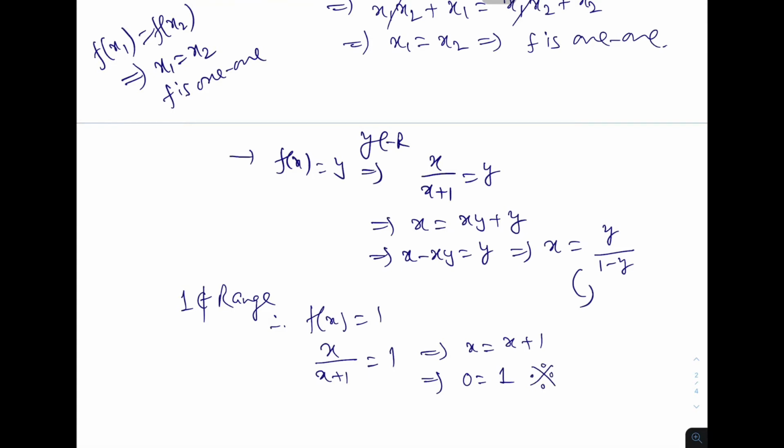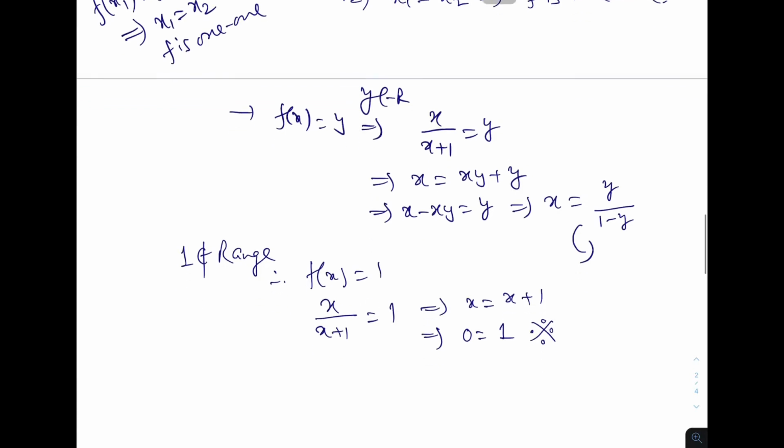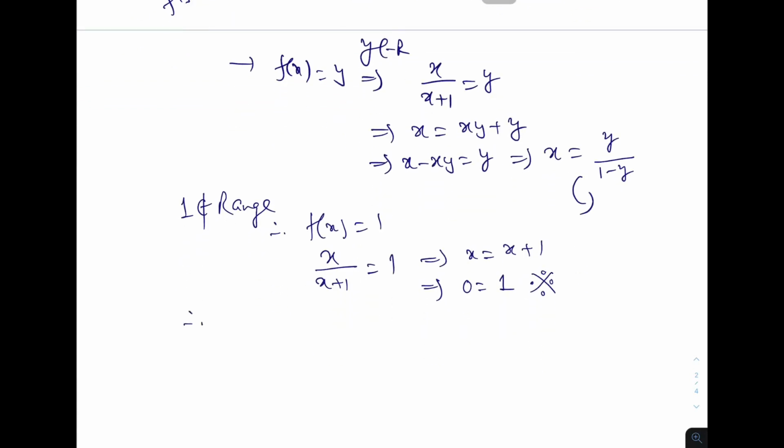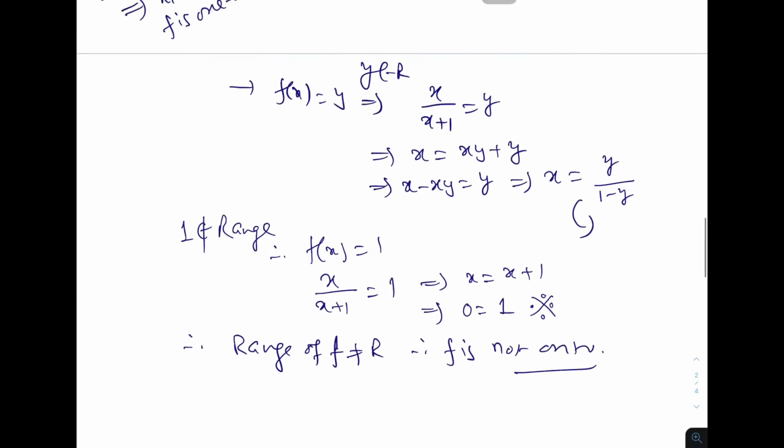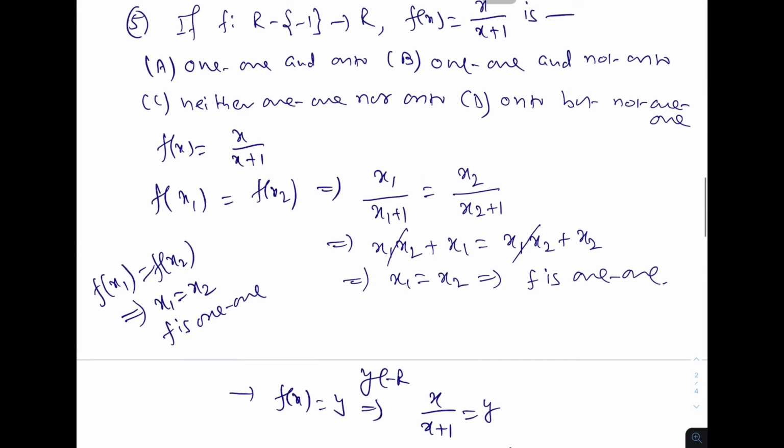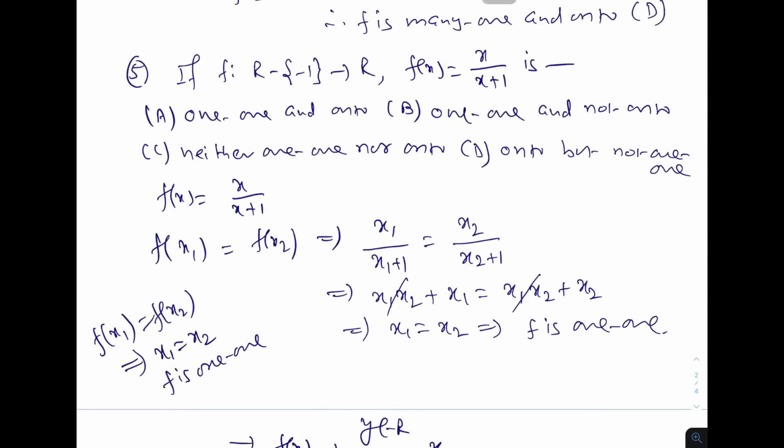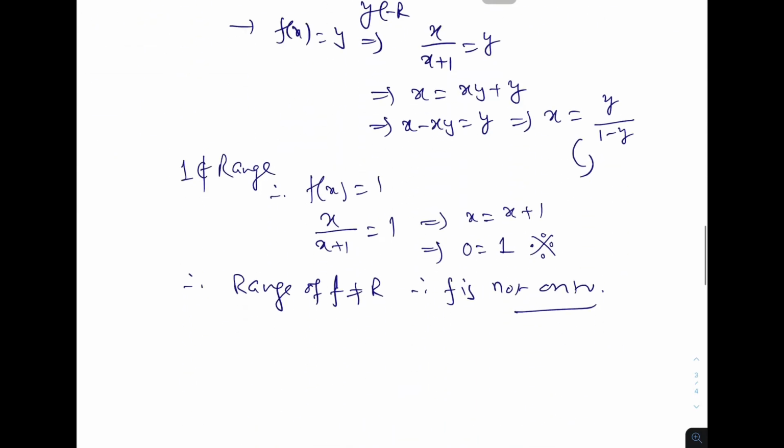Therefore f is not onto, because range of f is not R. So f is 1-1 but not onto. So option B is there.